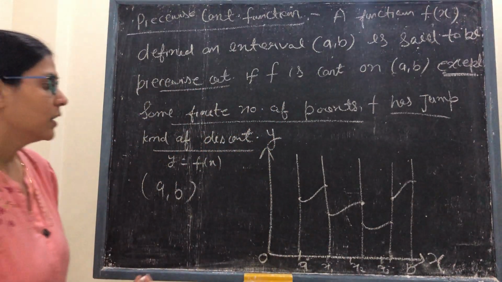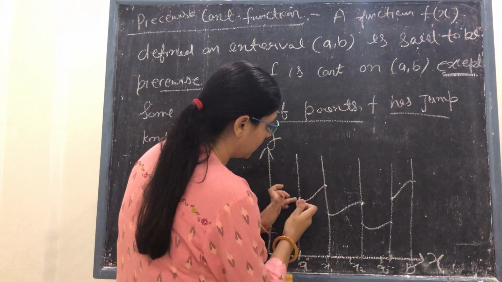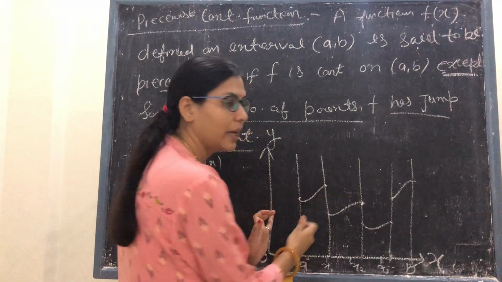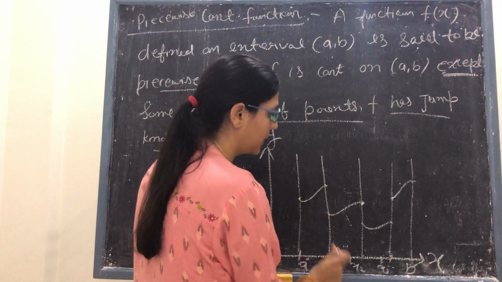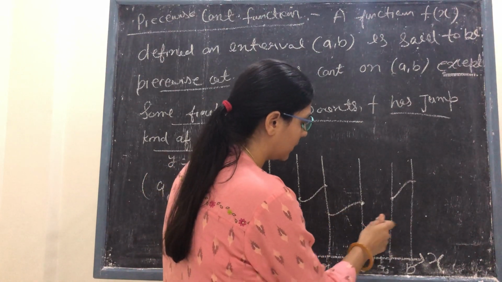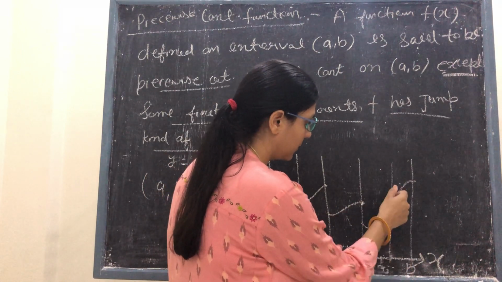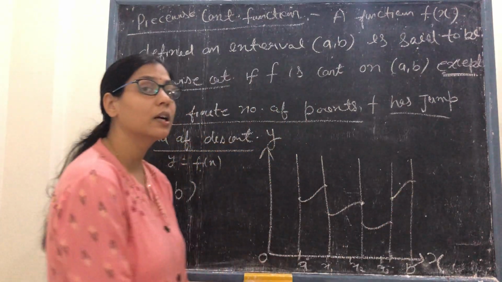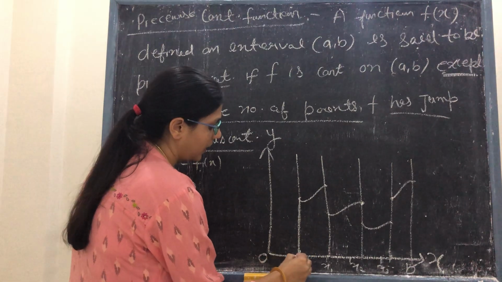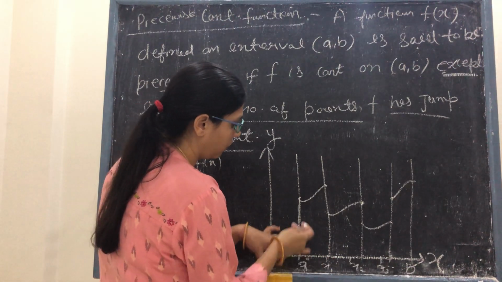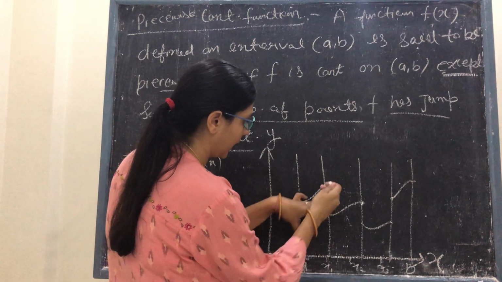Here our right hand limit and left hand limit both exist. In this interval, the left hand limit and right hand limit exist, but they are not equal. They are different. From a to x1, the value at a is this and at x1 is this.